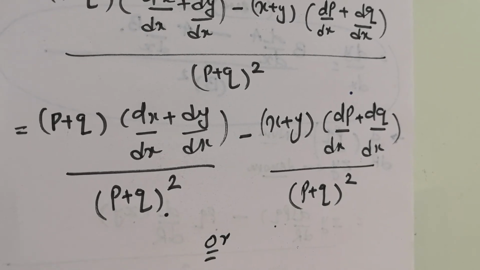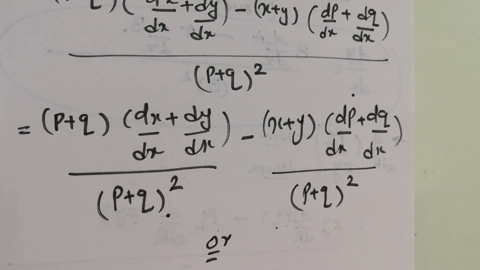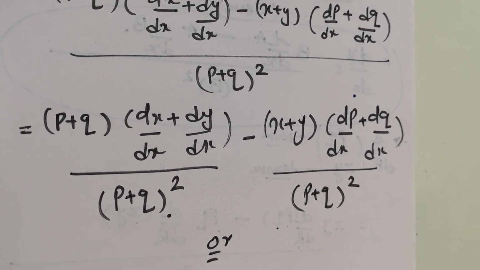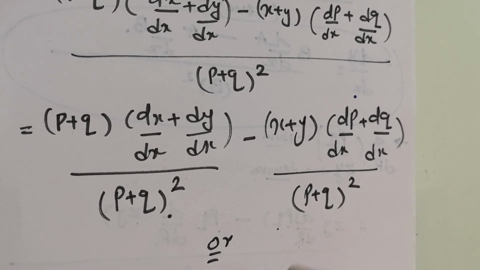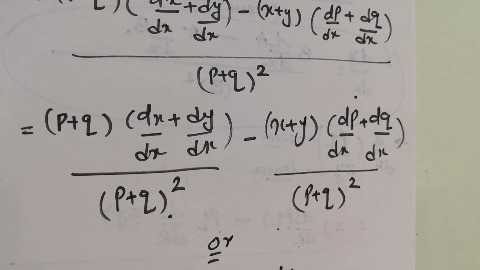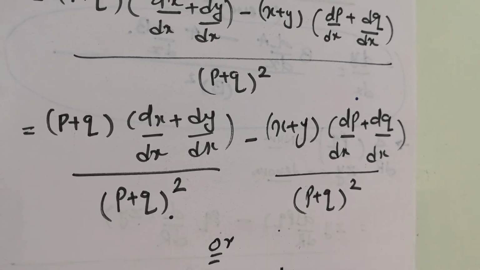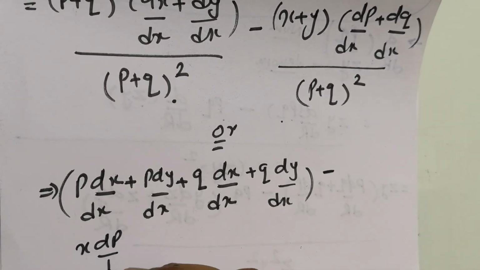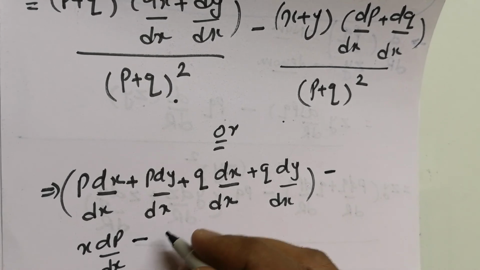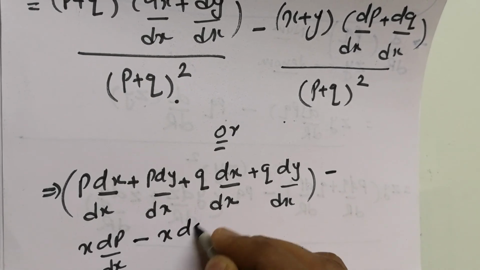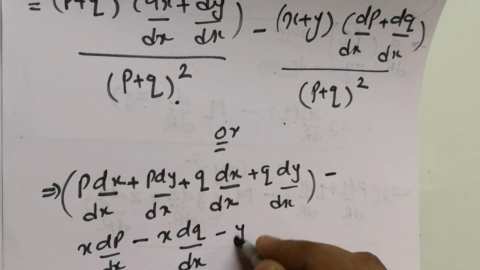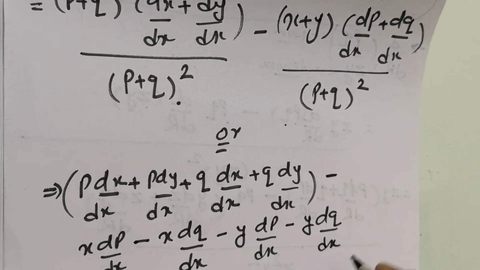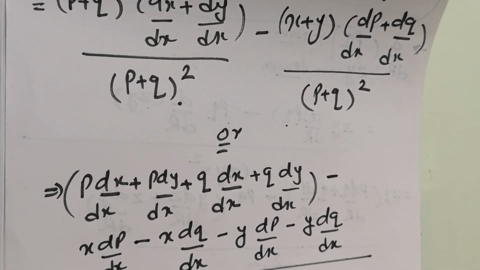So your formula will look like this: p dx by dx plus p dy by dx plus q dx by dx plus q dy by dx, minus x dp by dx minus, I have multiplied this negative sign, x dq by dx minus y dp by dx minus y dq by dx, divided by p plus q square.